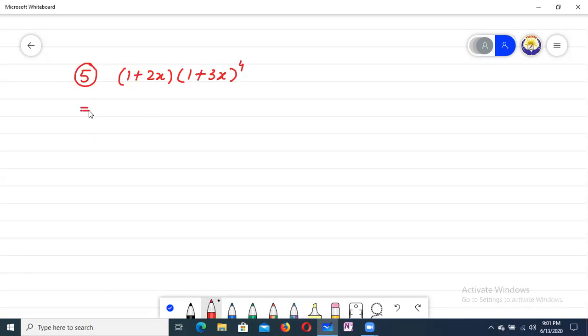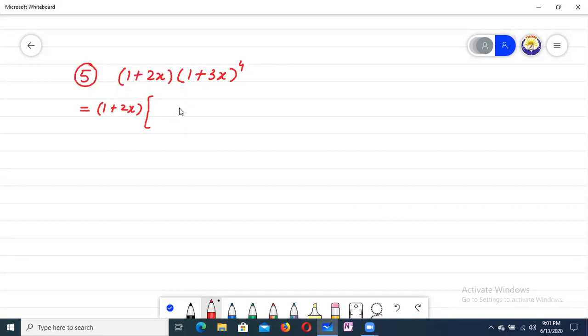Here, the first factor we will write as it is, 1 plus 2x. In the second factor, we will expand with the help of binomial expansion. Here, we will use Pascal triangle.